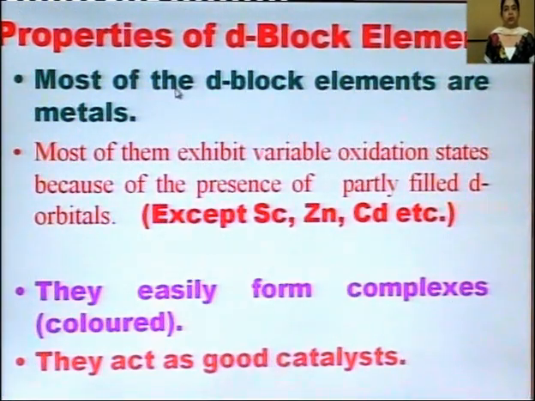Properties of D block elements. Most of the D block elements are metals. Most of them exhibit variable oxidation states because of the presence of partially filled d orbitals, except scandium, zinc and cadmium.